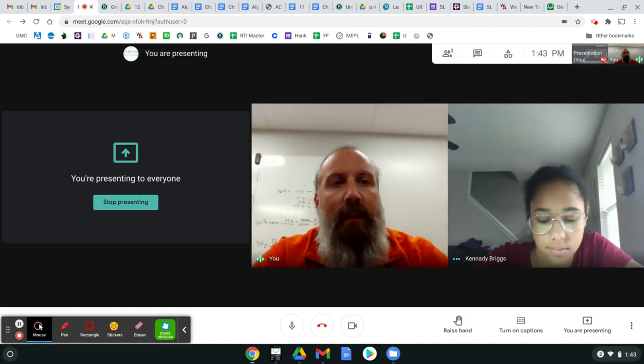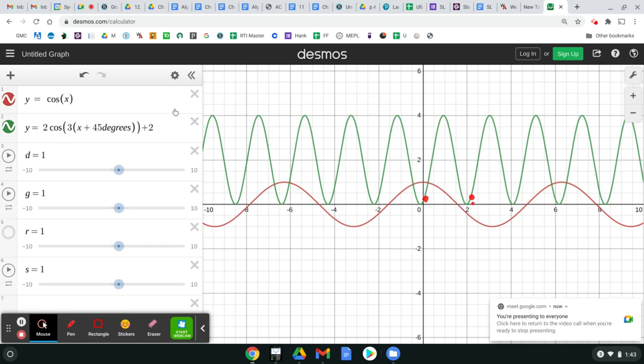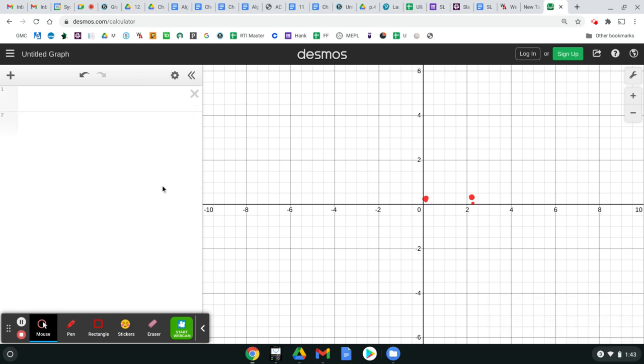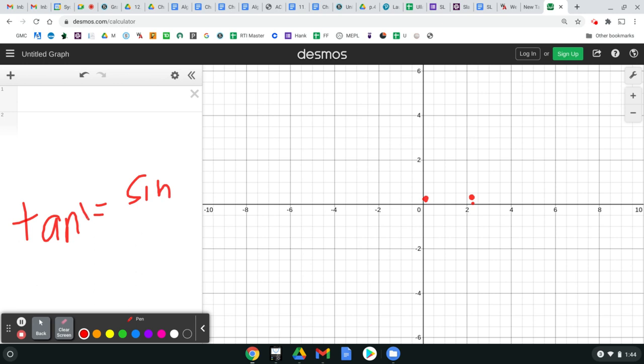Now, tangent is in a wave. So I'll give you one little more help session here. Tangent is sine over cosine. Do you remember that? Yes. So tangent of x is sine of x over cosine of x. Well, think about it. We're not allowed to divide by 0 in life, right?